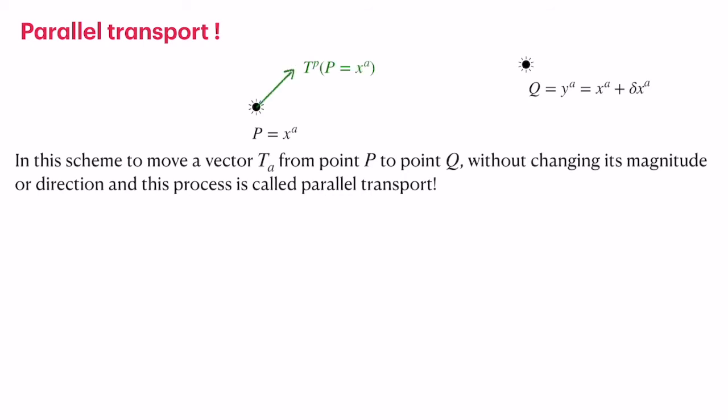Now we have a vector field defined at both places. We have a vector T_P at x equal to P, and we have a vector T_Q at point y^α. Now our goal is to take a curve from P to Q and then move the vector along it and bring it to the point Q. Now you see that there is no such thing as a straight line. It may not be possible to build a straight line in a curved geometry. We will see that in a little more detail in a real example.